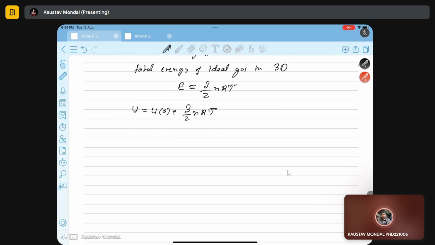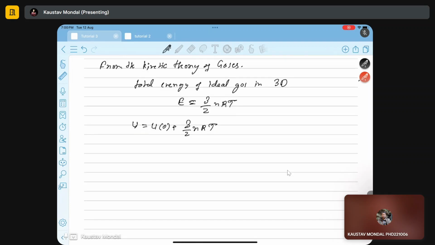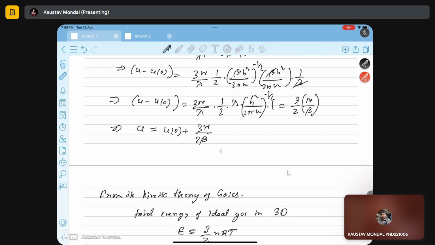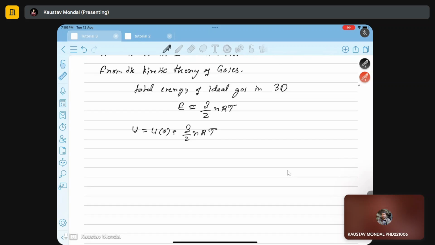Now having that in our hand, next we will simply compare these two results. This is the 1, this is the 2.